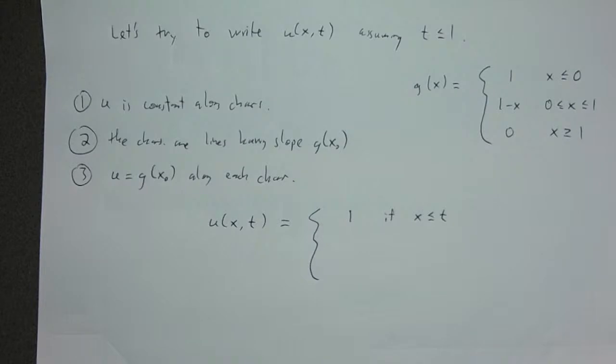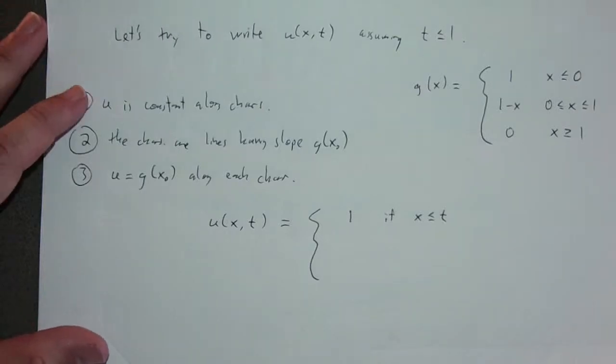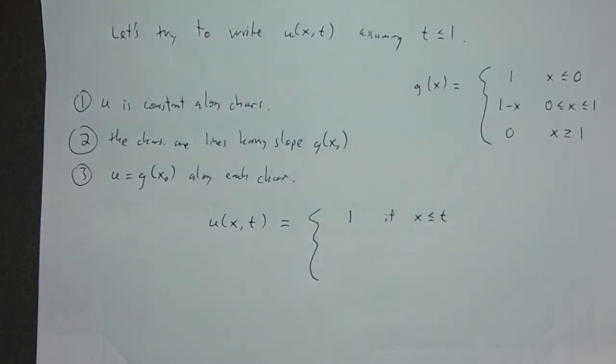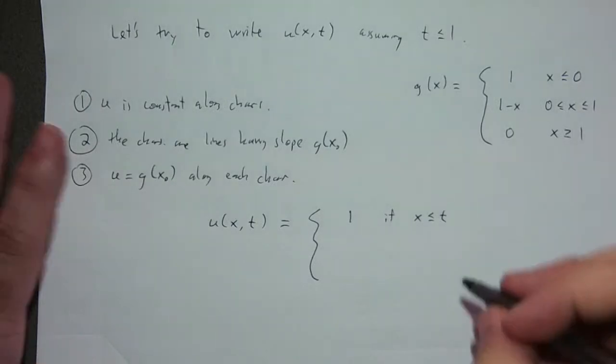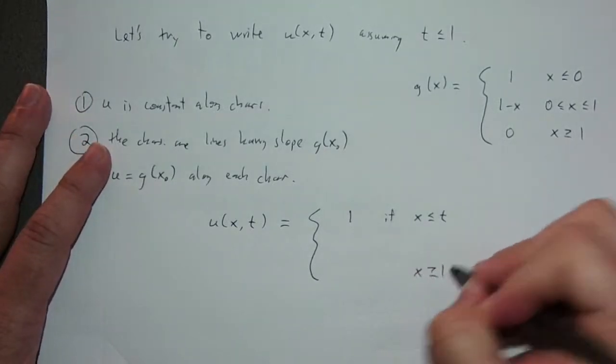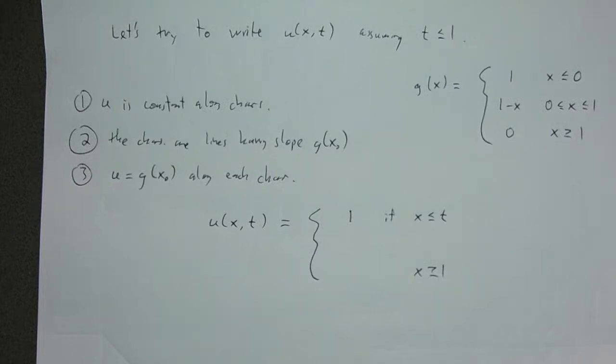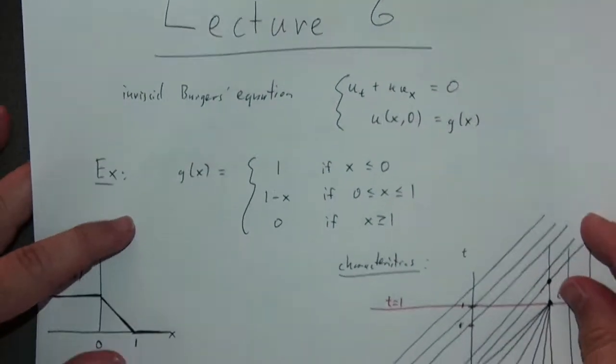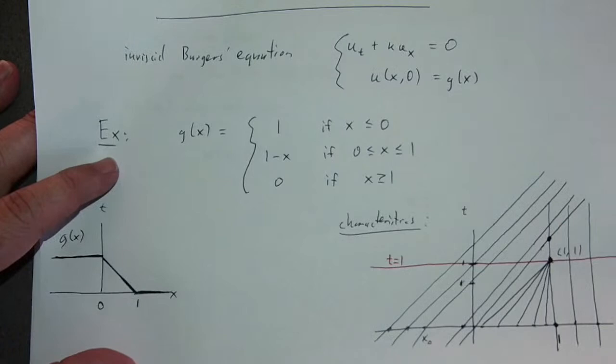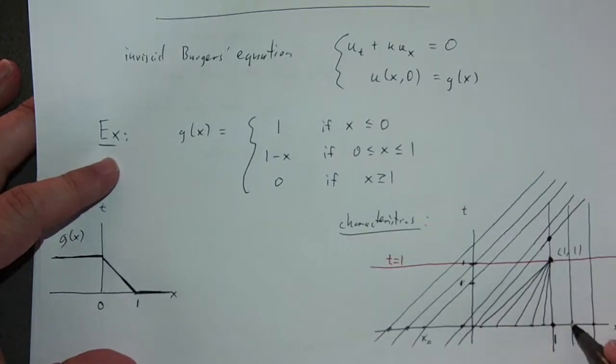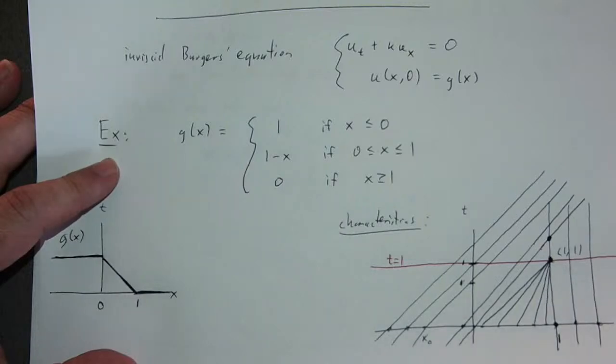Well, what about if x is greater than or equal to 1? What does this picture look like? Let's go back here. If x is 1 or greater, what is going on here?